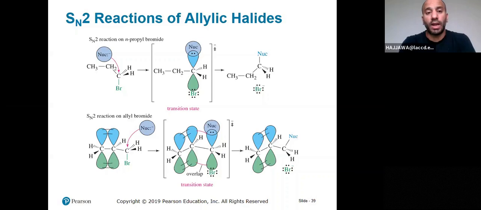This will basically allow for the SN2 to happen very fast when we deal with an allylic carbon, due to the fact that this CX is being actually weakened by the allylic delocalization, and that the presence of the pi bond next to that carbon being substituted is going to allow for the SN2 to happen even faster.